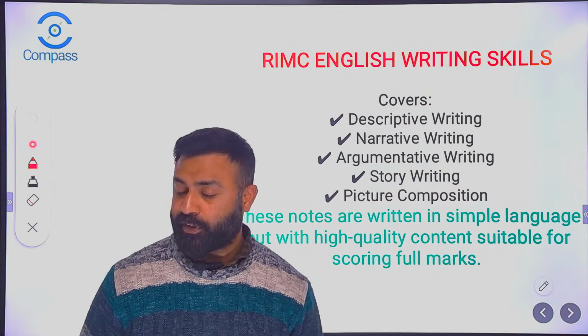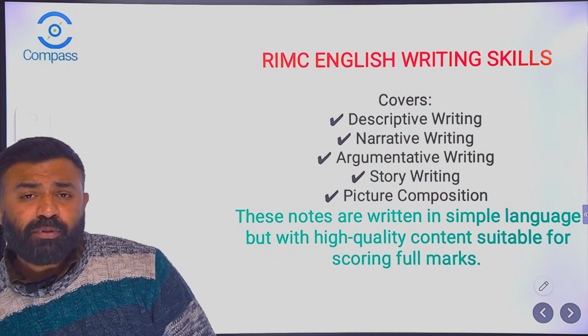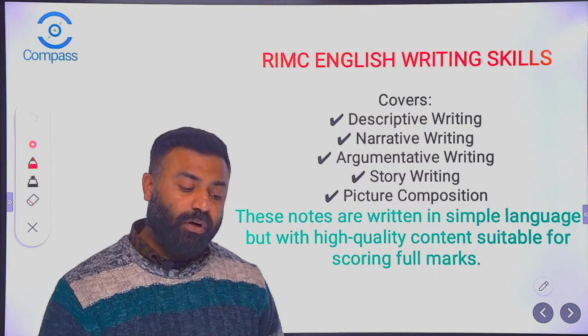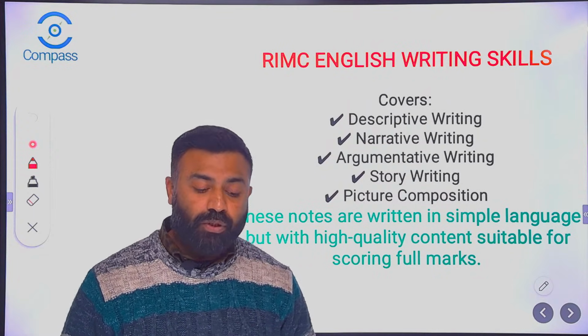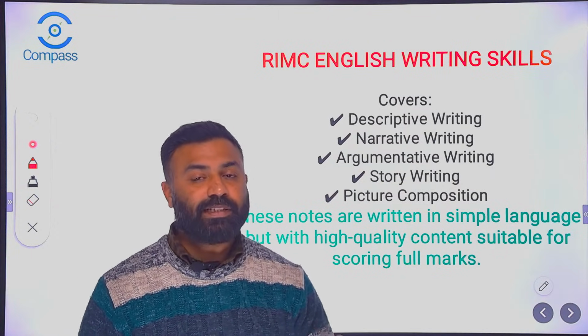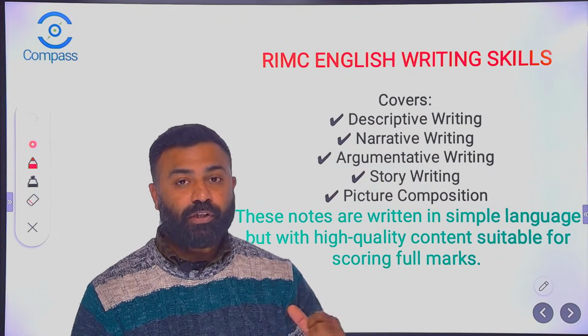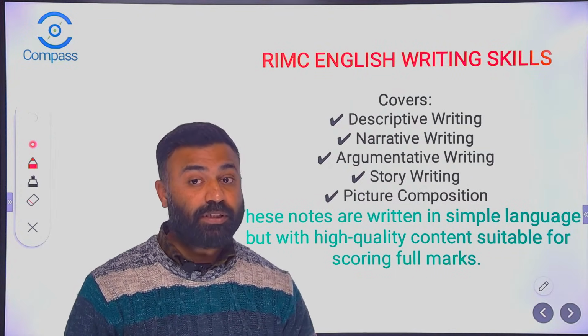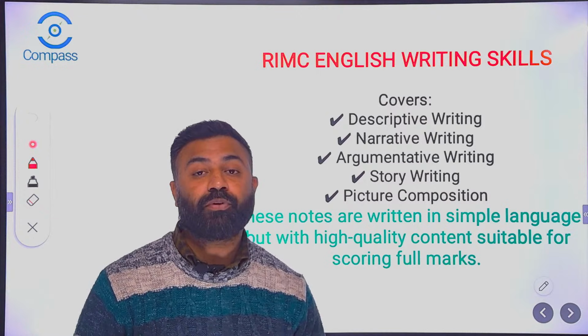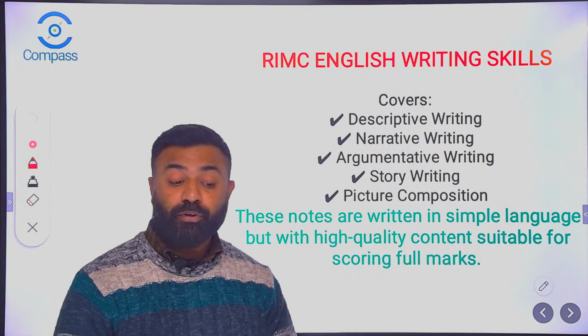Let me give you an example. Suppose you get to see the picture of Mahatma Gandhi ji, right? So what are you going to describe? I see a man, he's wearing a dhoti, he's wearing spectacles. No, this is not what you are going to describe. What are you going to write down?